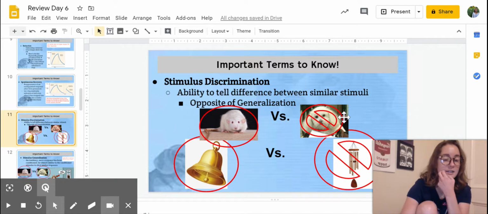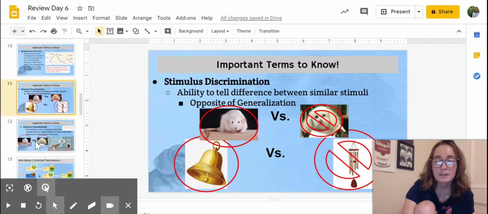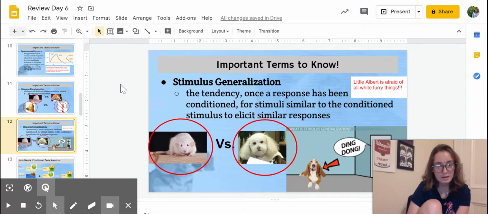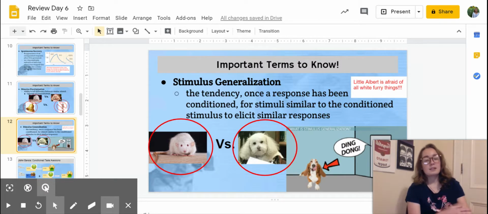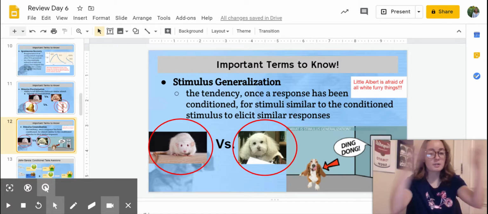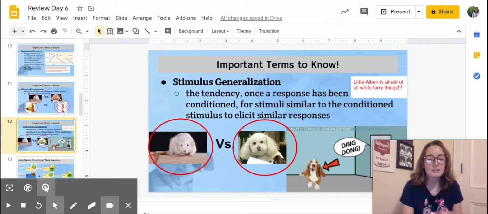But if he saw something else that was a similar stimulus, like Pooh the dog or a white furry blanket or bunny, he would not be scared of that because he'd be able to tell the difference and know that that's not the same as the white rat. But what we see with Little Albert actually is that he is experiencing stimulus generalization, and he is overusing the fear.